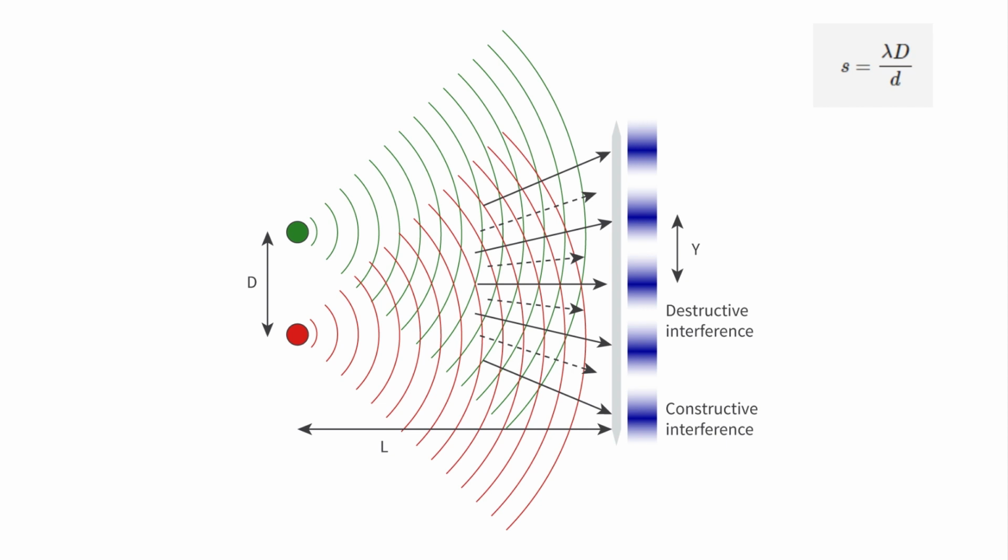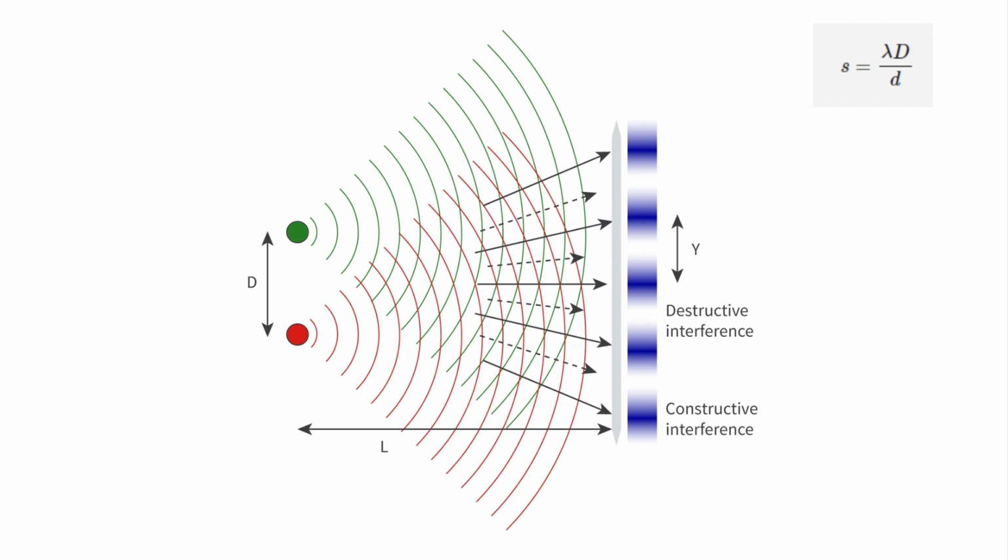Now we have something very fun, which is determining the path difference with information of this angle and b, which is the distance between slits. We take the midpoint of the slit, which is b over 2.